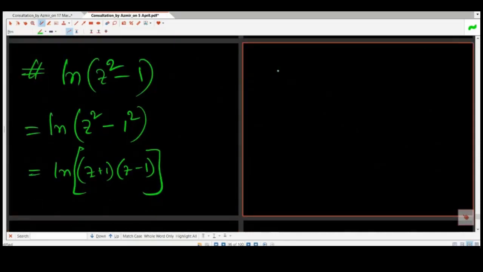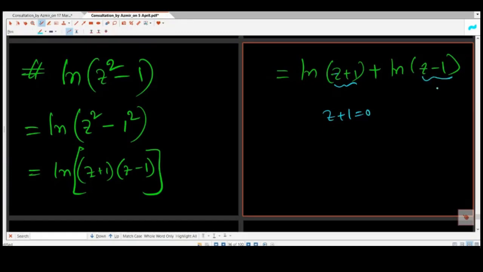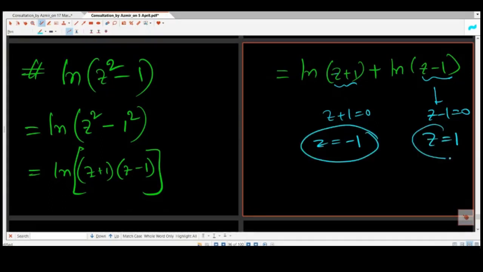We can write log of a times b as log a plus log b. Here we can see that we have the form z minus a. If we solve this one for 0 and that one for 0, we get z equals negative 1 and z equals positive 1. So this time we have two branch points.